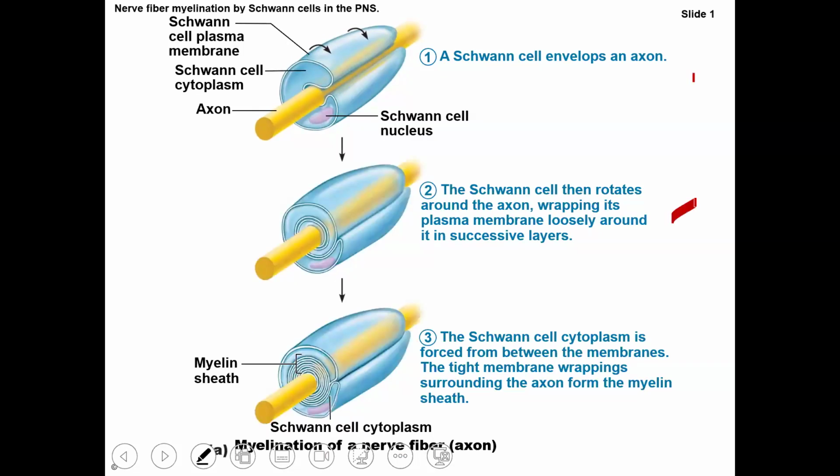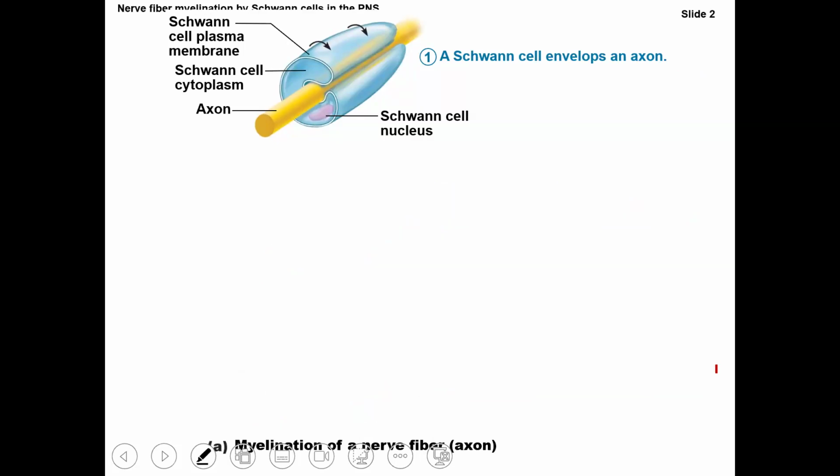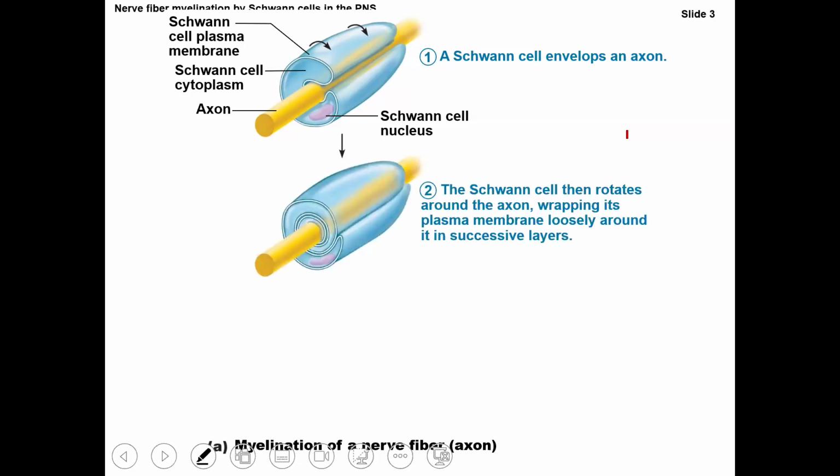It's a 3-component process here. Okay. And so we'll start right here with number 1. So number 1, a Schwann cell envelops the axon. You can see that yellow line is the axon of the nerve that we labeled earlier on. Okay. And you can see how it's kind of rotating around there. And then number 2, the Schwann cell then rotates around the axon, wrapping its plasma membrane loosely around it in successive layers.